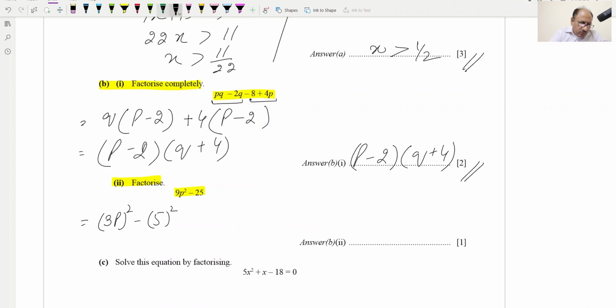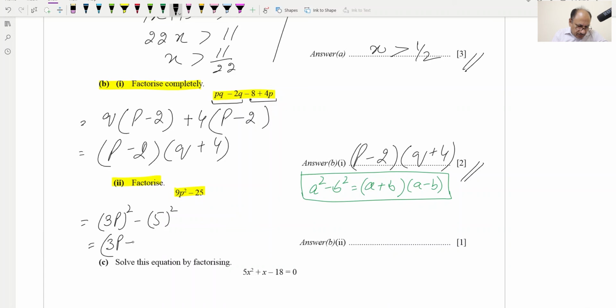And now we know the formula, which is a squared minus b squared is equal to a plus b into a minus b, and this formula we can apply over here. a squared means 3p, so a plus b is 3p plus 5, and this will be 3p minus 5, and this will be your final answer. We can write over here 3p plus 5 into 3p minus 5, and this is the 1 mark part which we are done with.